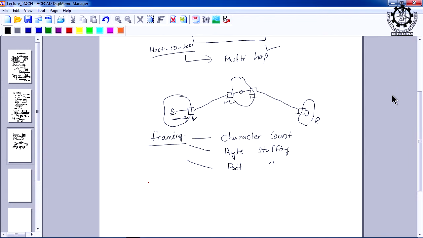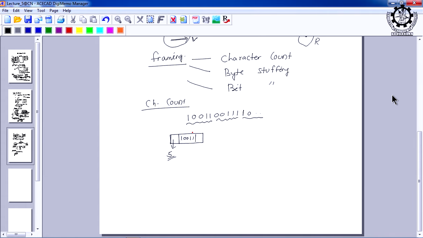In the first method, the character count, let us say we have 10 characters, or any number of characters, right. Out of this I will take 5, and the rest 5 that way. So, the first frame will contain 5 characters, 10011, and one field of the header intimates to its peer layer that there are 5 characters present in the frame.